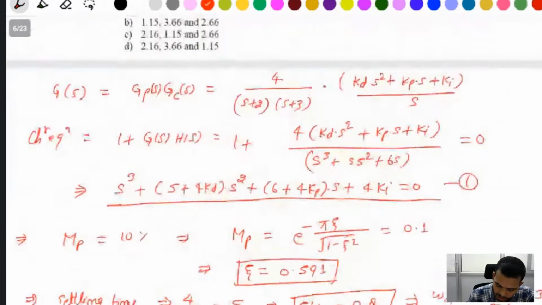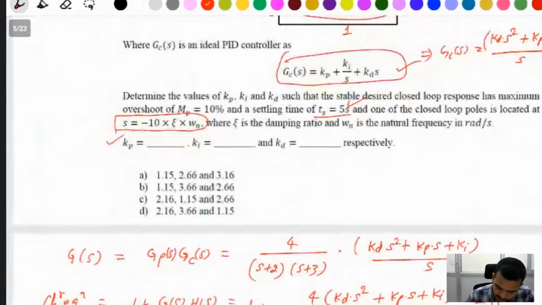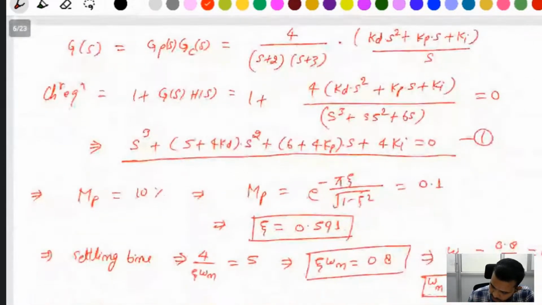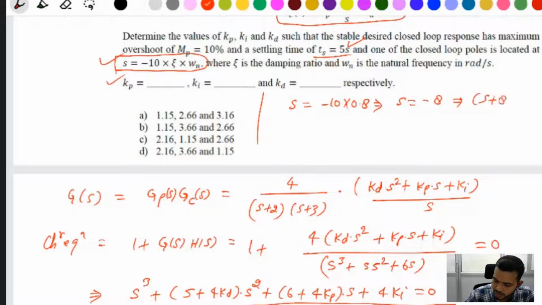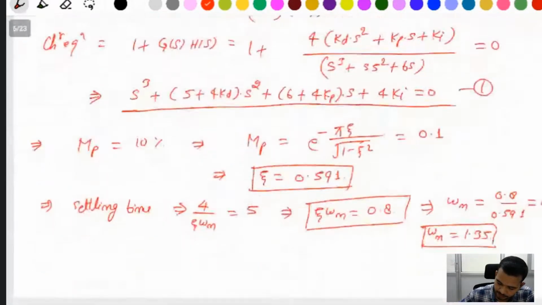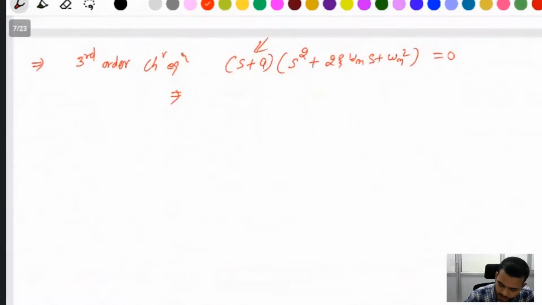Here one pole is also given, 10 times zeta omega n. If you take s is equal to minus 10 and zeta omega n is 0.8, then you find s is equal to minus 8, s plus 8 is equal to 0 is the factor.